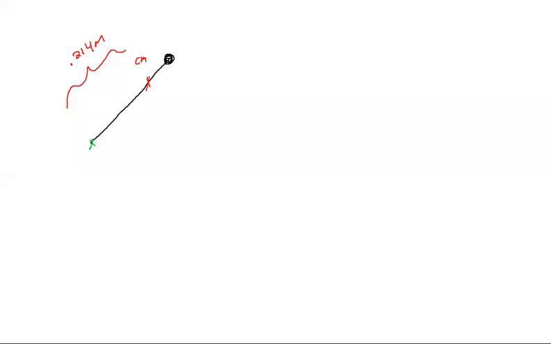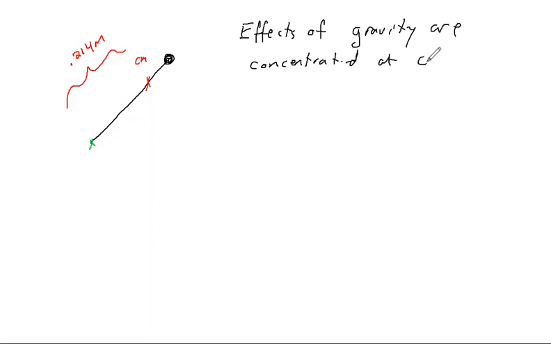And remember, the rule is that the effects of gravity are concentrated at the center of mass, sometimes written COM. So that means we can just pretend that the entire force of gravity applies right here at the center of mass. The force of gravity, of course, is just going to be the total mass times g, and minus because it's going down.